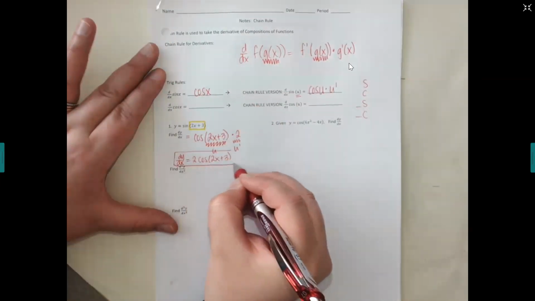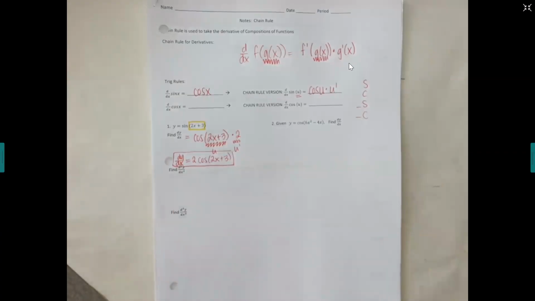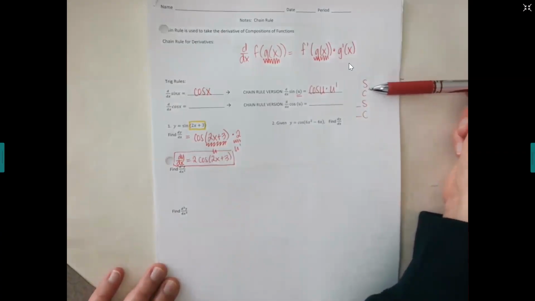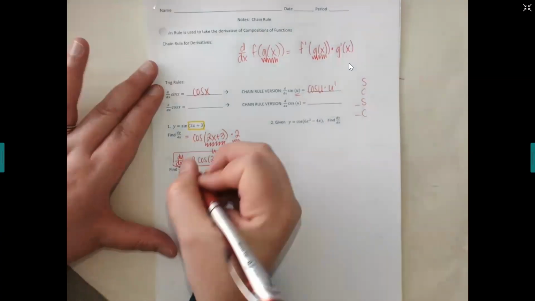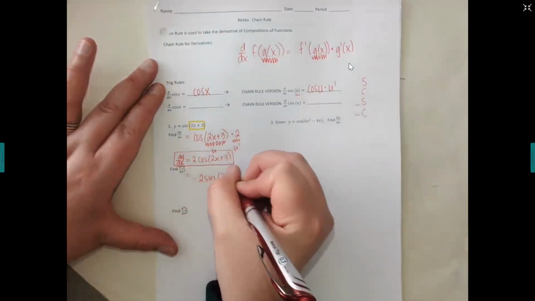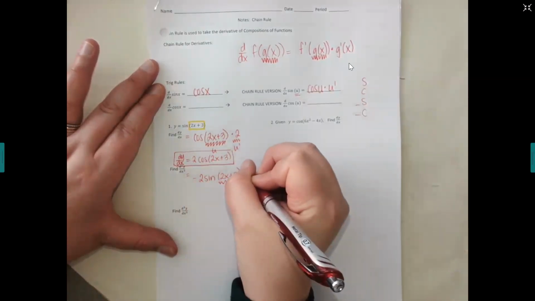Then you'll notice that right below that, you're asked to take the second derivative. So we would say, if this is 2 cosine, let's look at our snow cone here. Cosine, my derivative goes to negative sine. So it'd be negative 2 sine. Remember, the 2x plus 3 stays exactly the same for now, but then I times its derivative behind it.